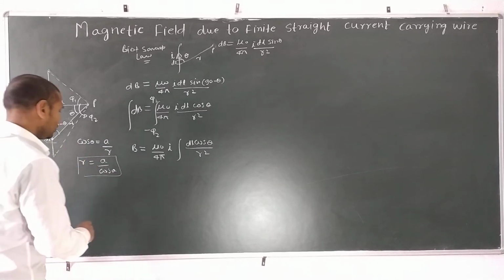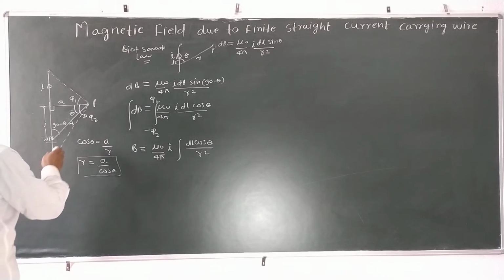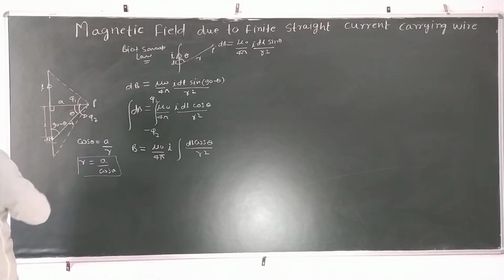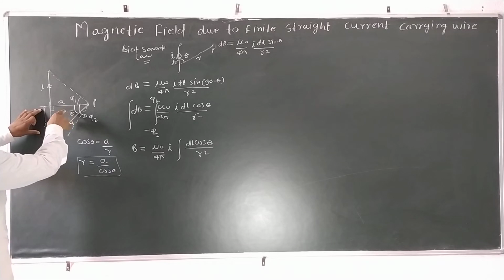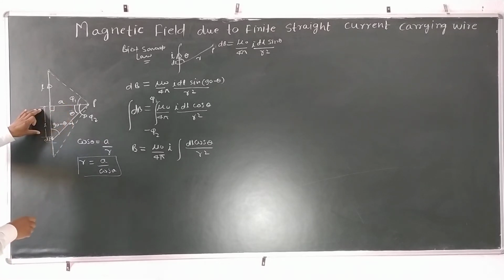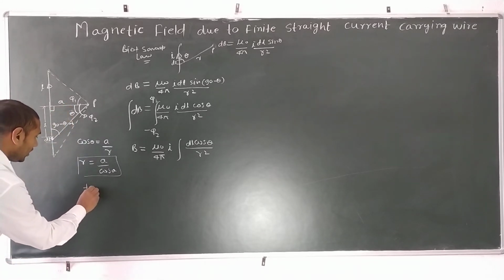And again in this triangle, we know this side L and this side a, so we will take tan theta.